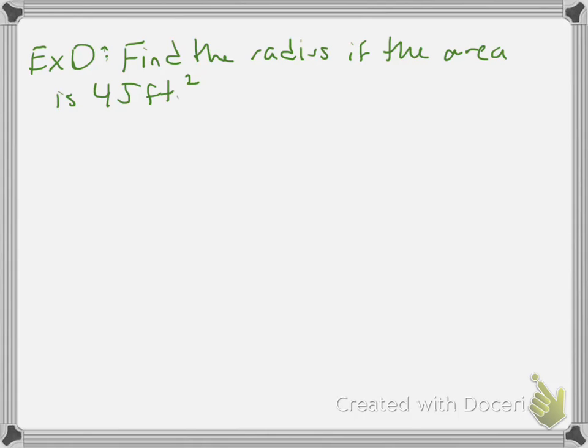So we need to use our formula, area equals pi r squared. And we have our area is 45, so I'm going to put 45 in for A, and I have pi r squared. Okay, so we've got two things going on: pi times r squared. So we have to undo the order of operations, meaning I have to go from the bottom up.